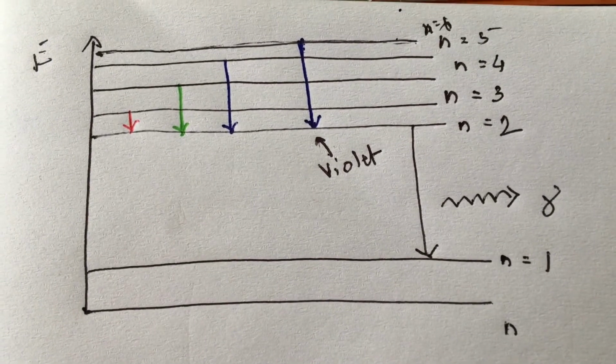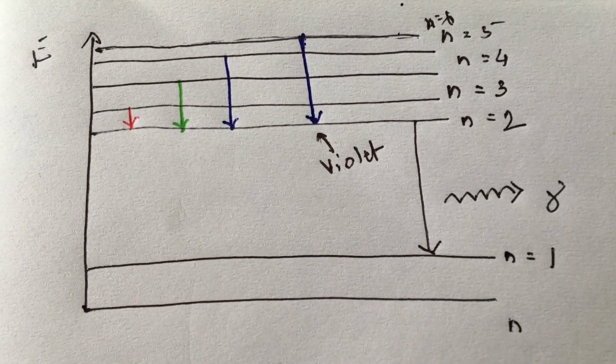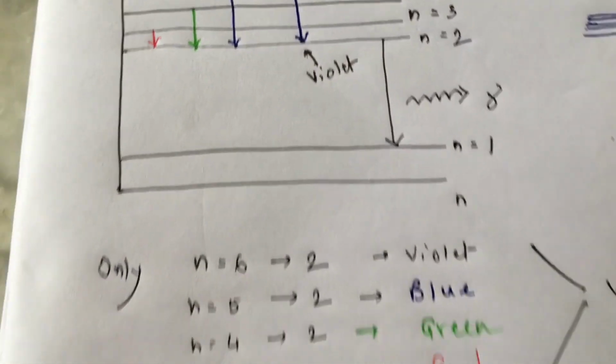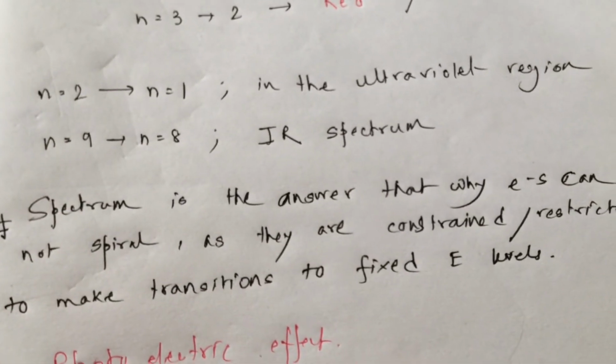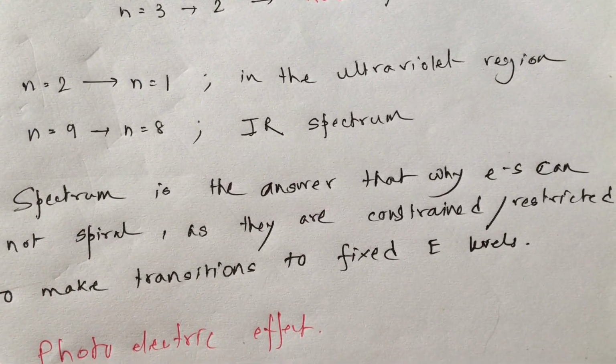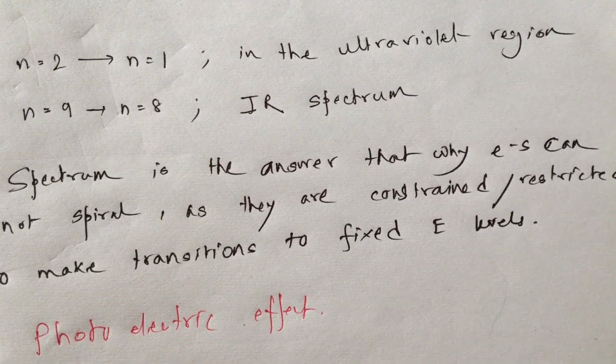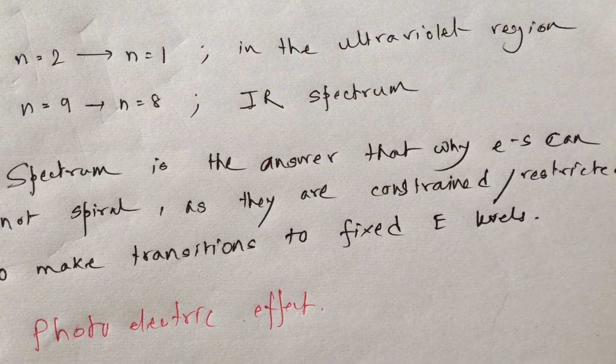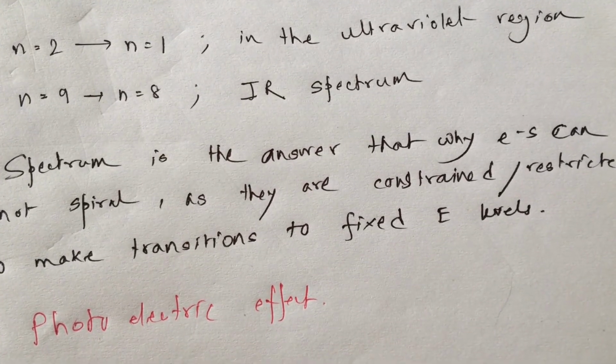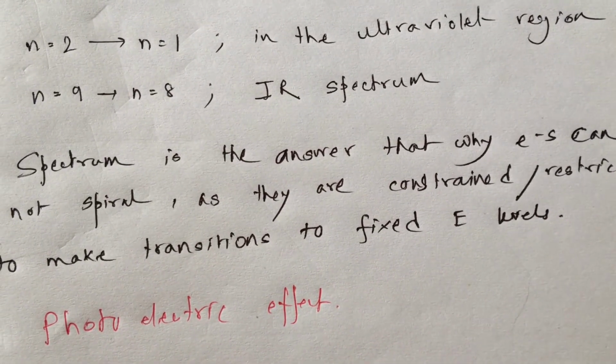Now, heat is actually infrared. We can see the heat, we can feel the heat. So for n equal to 2 to n equal to 1, we get a photon in the ultraviolet region, and for higher energy levels, which are very close to each other, we'll get the infrared spectrum and so on.